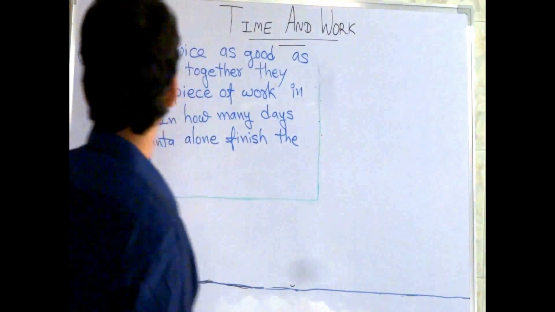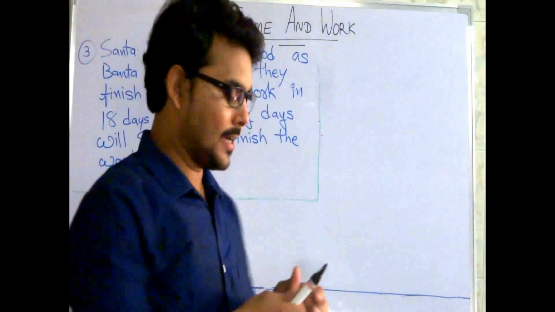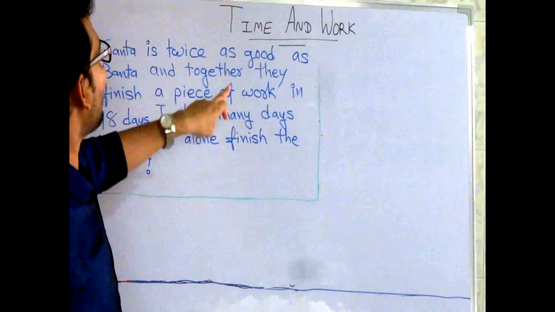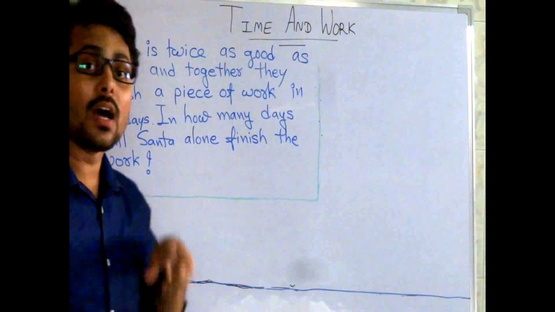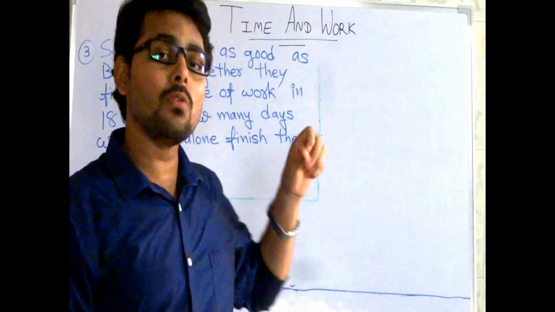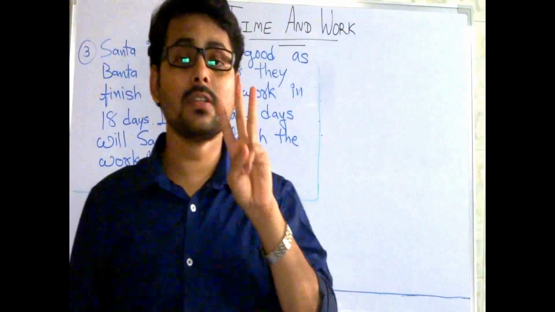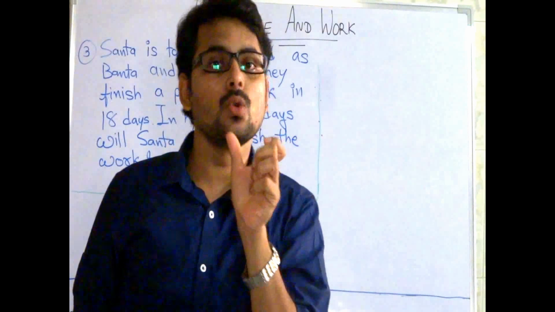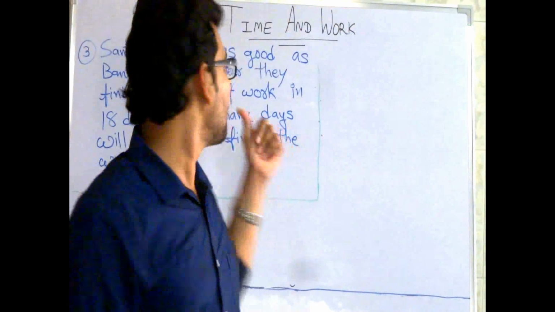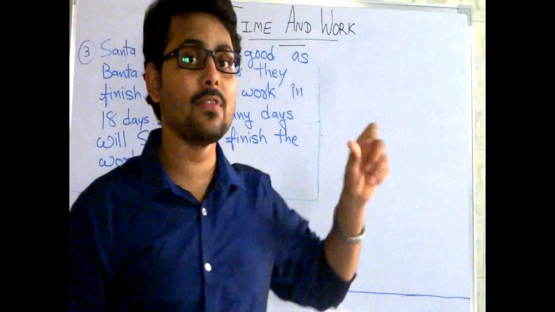So this is the third problem. Okay, let me read it out. Santa is twice as good as Banta. Now this is the third type of problem, in which the third fundamental thing, of the 3 fundamental things I have written that you should know, will be used. That is the efficiency type.